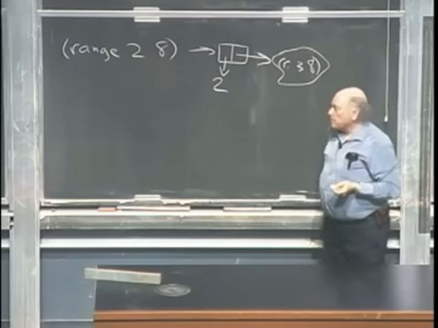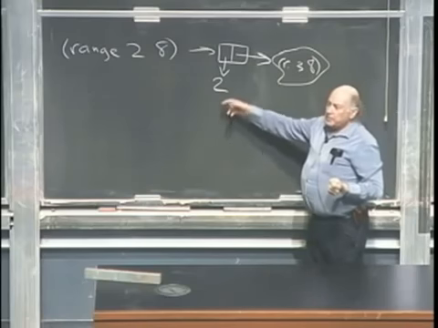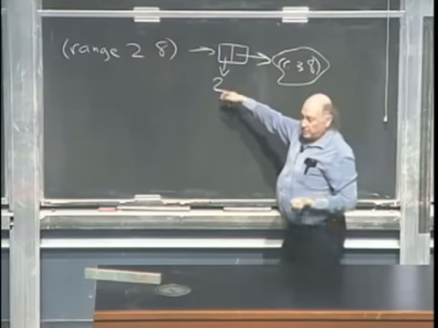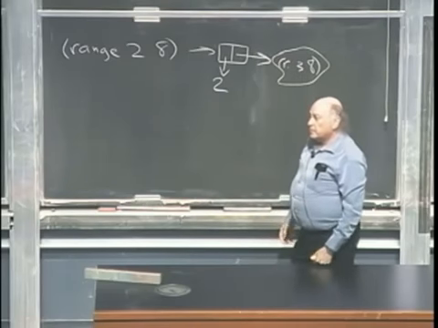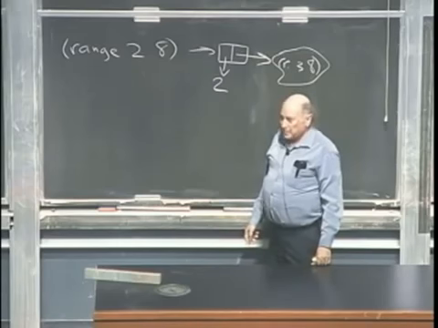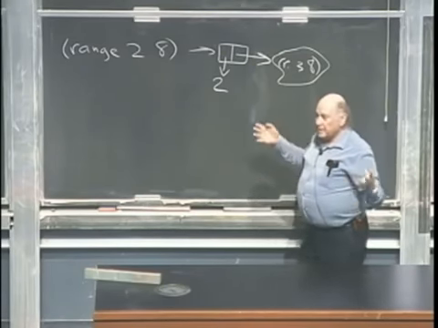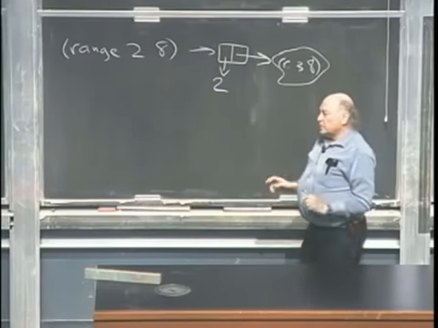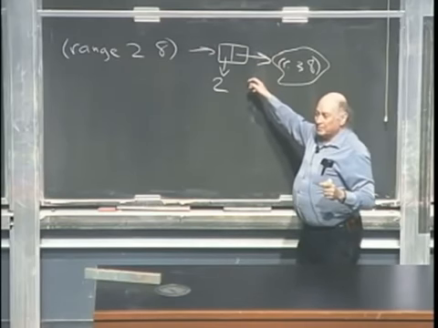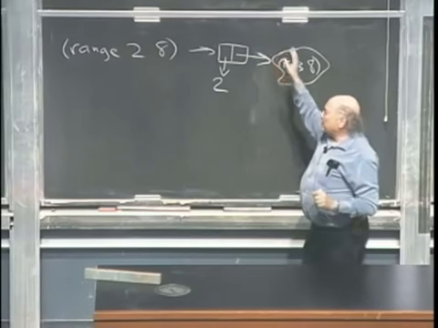Now I'm going to give this to filter. Filter's going to say, is this empty? No, it's not. Does stream car of it satisfy the predicate? No, it doesn't, because 2 is not a factor of 9. Else, in stream filter, I'm going to make a recursive call to myself with the same predicate and stream cdr of my argument stream. So it does a recursive call to itself, having called stream cdr.